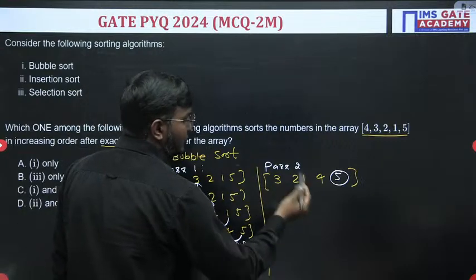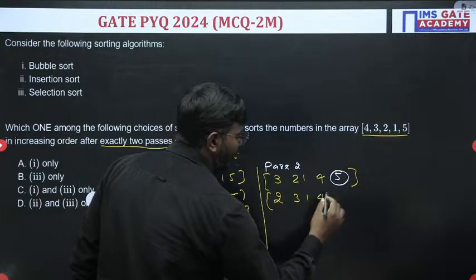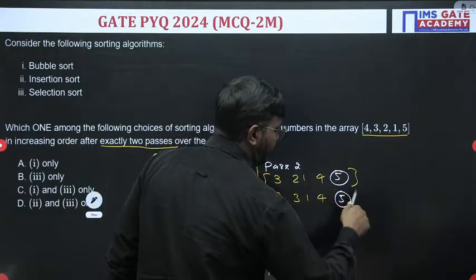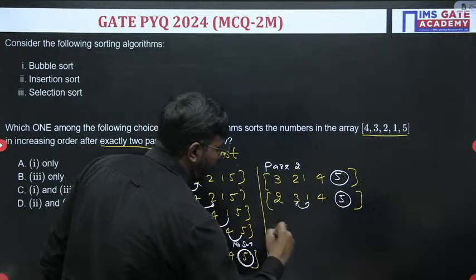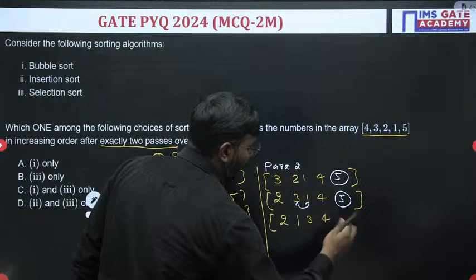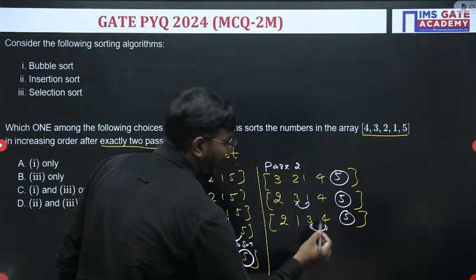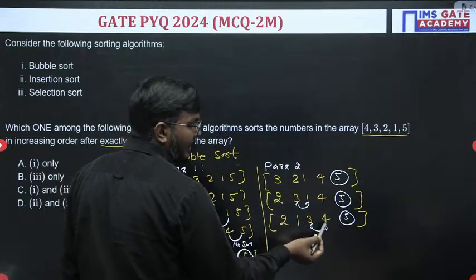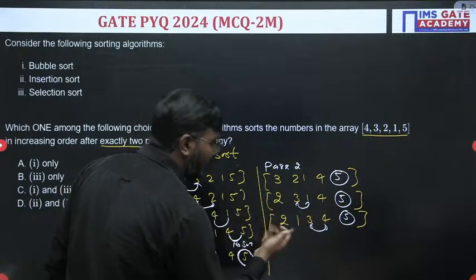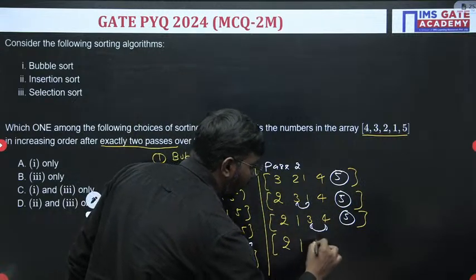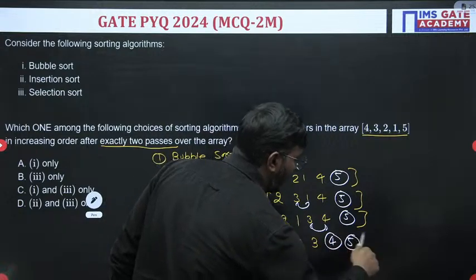Again compare and swap: 3 and 2 are swapped, so 2, 3, 1, 4 and 5. Then 3 and 1 are swapped, giving 2, 1, 3, 4 and 5. Then 3 and 4 are compared, but since this element is smaller than the next element, there will be no swap. 4 will be fixed in the last position. So the result of the second pass is 2, 1, 3, 4, and 5 is fixed on the last 2 slots.